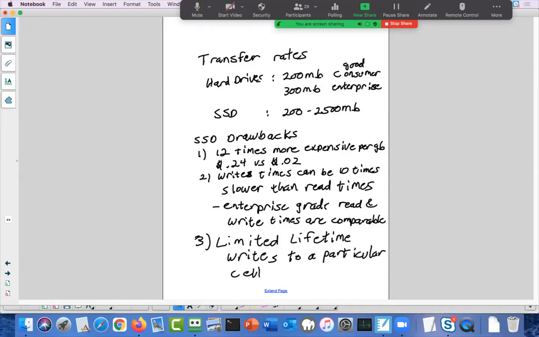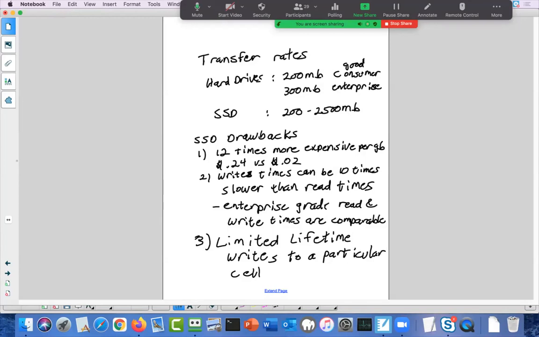The transfer rates out of main memory are going to be at least 10 times higher than the transfer rates off of the disk, or it's not going to be quite as good over SSD, but it's still going to be several times faster than off of SSD.